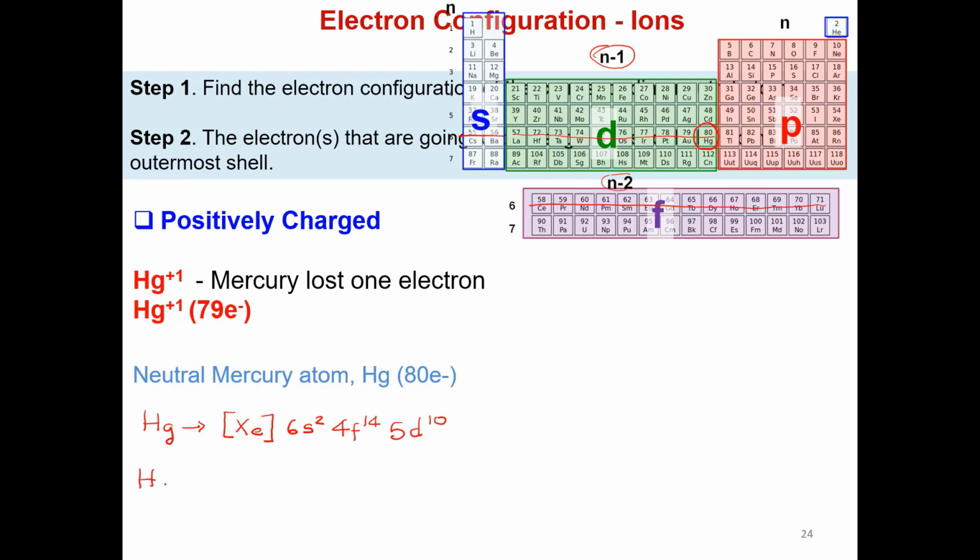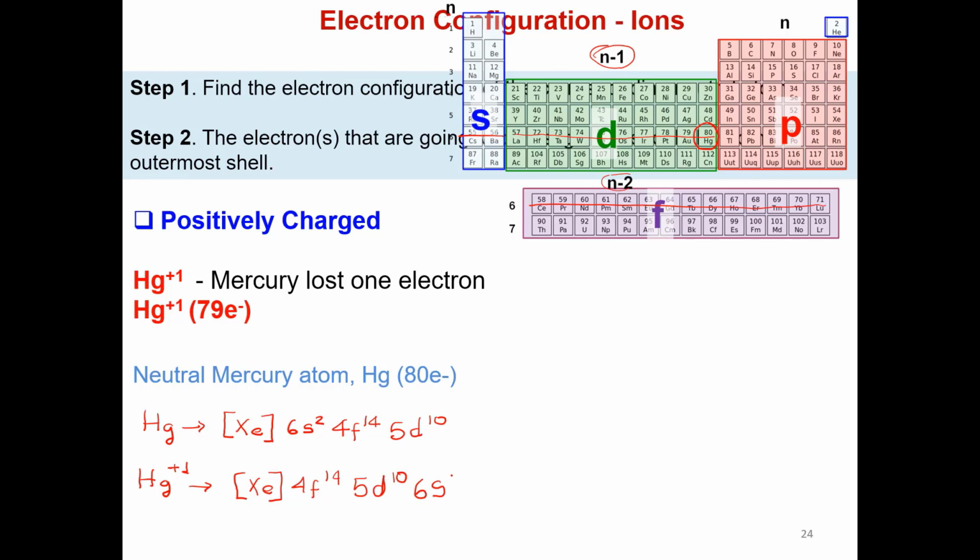Now we are ready to write the electronic configuration for mercury plus 1. And remember, in this case, the outermost shell is 6s. Then we will need to remove one electron from this shell. Then let's rewrite and organize the two shells in order, D, and then 6s, but it's not s2 because it lost one electron.